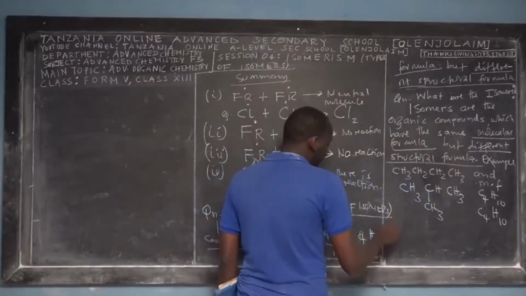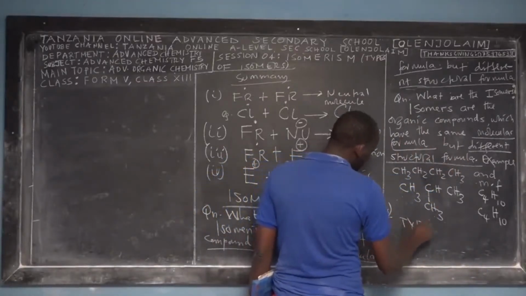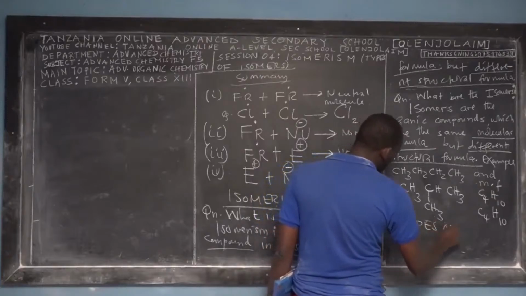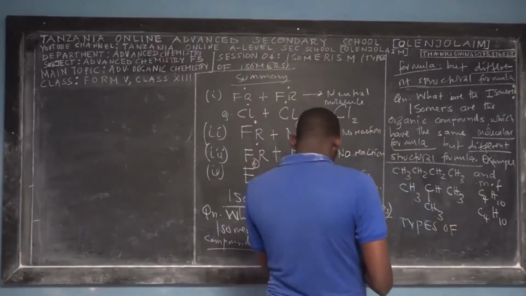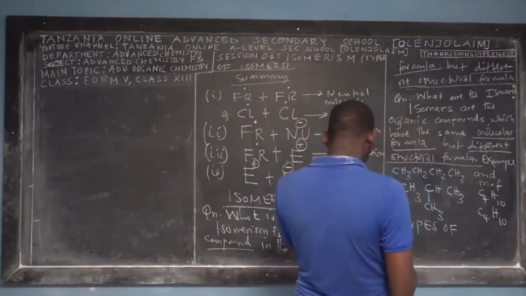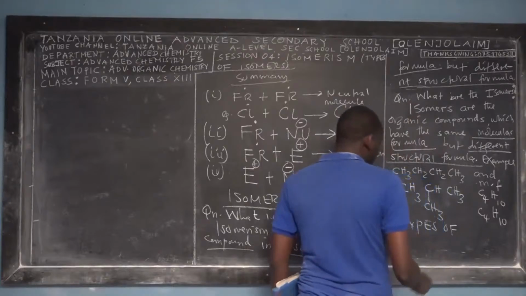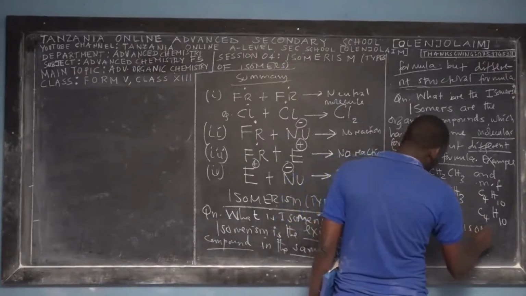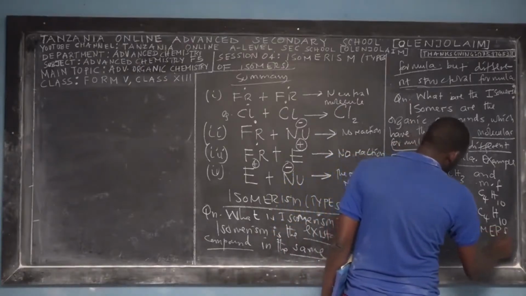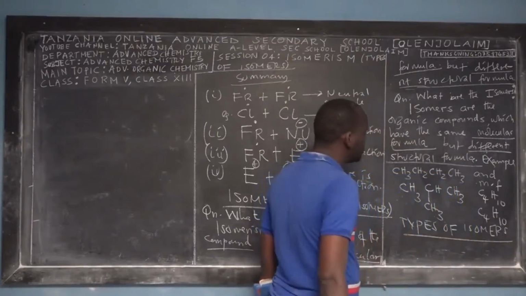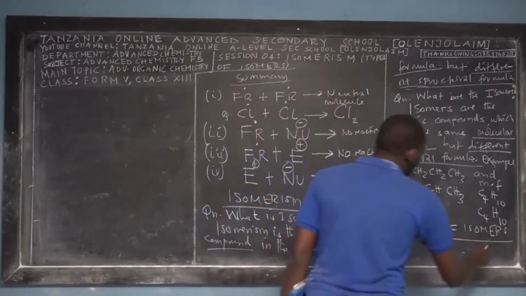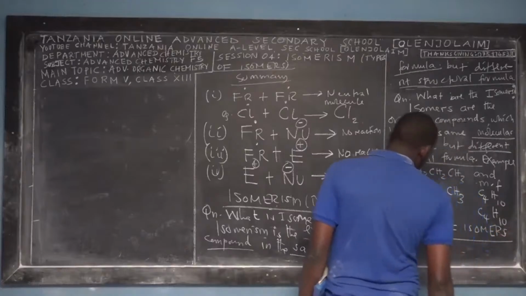Well, if that's the case, I would like to teach you types of isomers. When you say isomers, bear in mind they are organic compounds which have the same molecular formula but different structural formula.